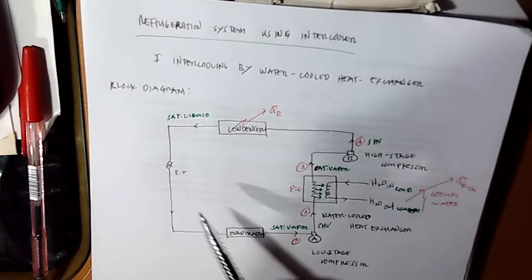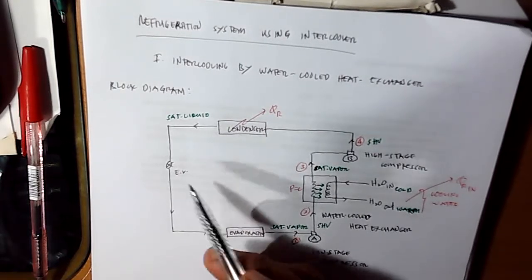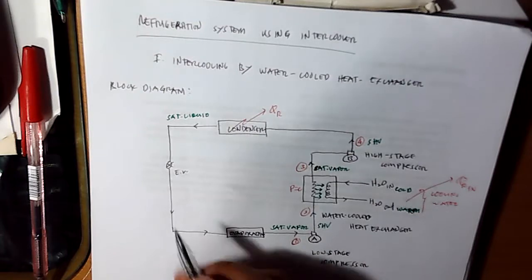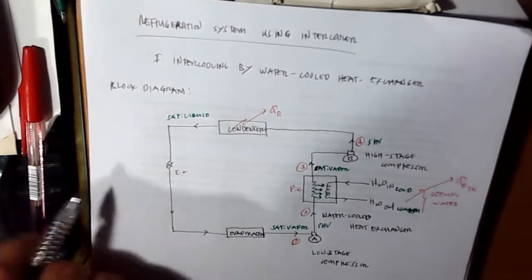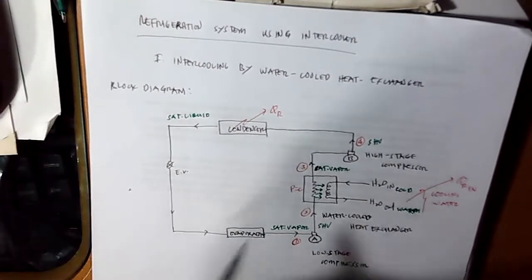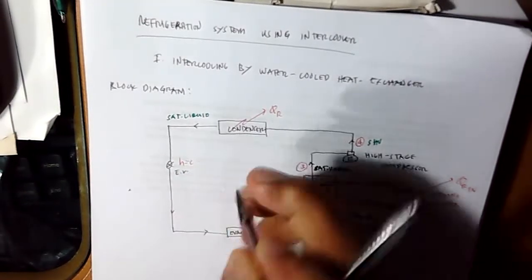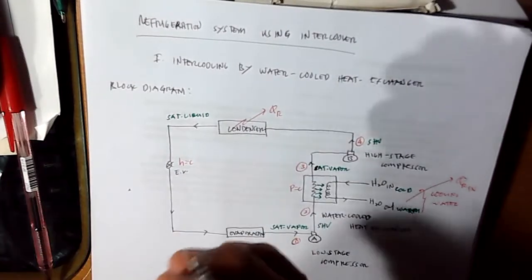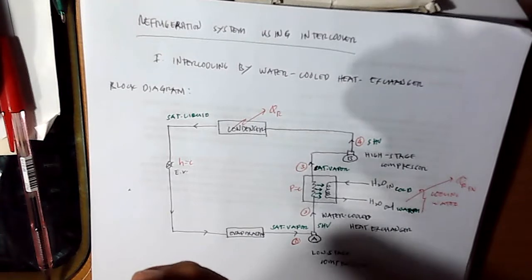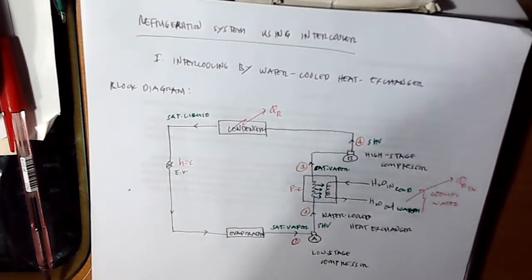Then this saturated liquid later on passes into your expansion device. Of course, this is at constant enthalpy. That's why you have just a straight vertical line going down until it reaches evaporator pressure.